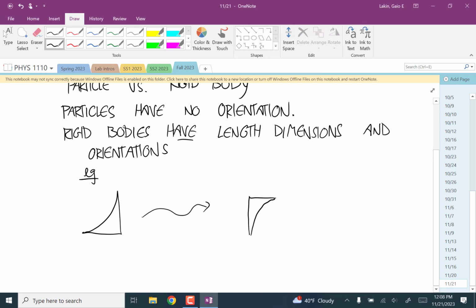At a later time, it could be like that. Let's say it has a thing here, and now this thing is over here. Since it has different locations on it, you can tell which way those locations are facing. What we're going to be doing calculations for is bodies that have length dimensions like this: what are the things that affect how they're oriented or how fast they're spinning, and things like that.